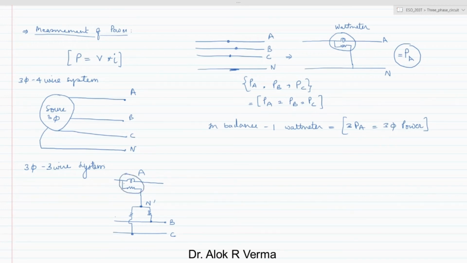Normally the wattmeter is represented as a circle. So this is how we create an artificial neutral with a resistance R and measure the values.